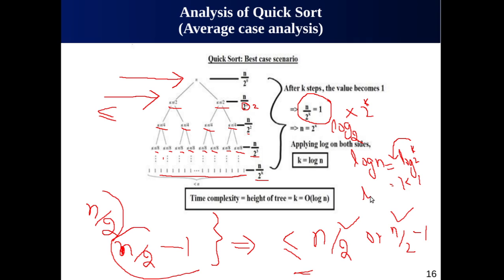So k is actually equal to log of n, and that is our final running time. So the best case running time of this quicksort algorithm is log n. The time complexity is equal to the height of this tree, and that is equal to big O log n. So that is the best case as well as the average case running time of the quicksort algorithm.